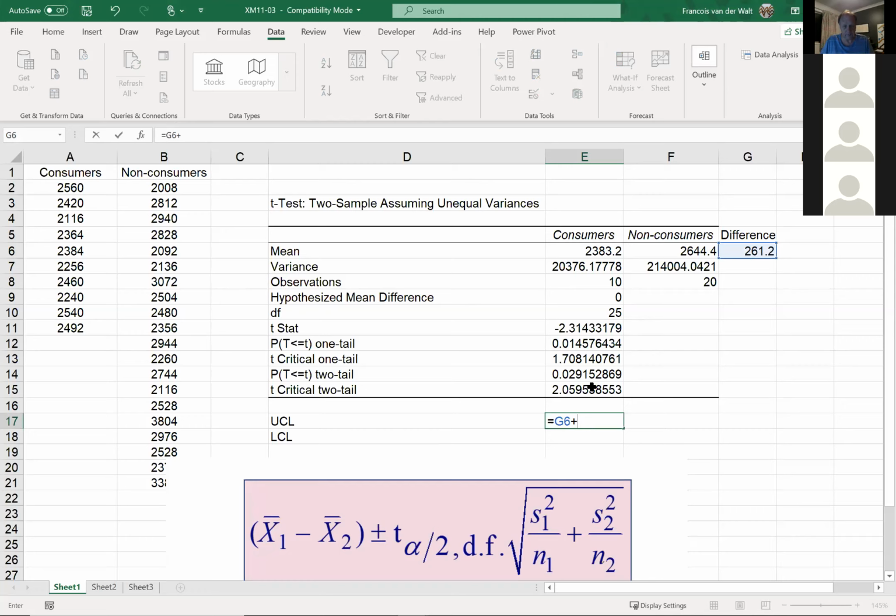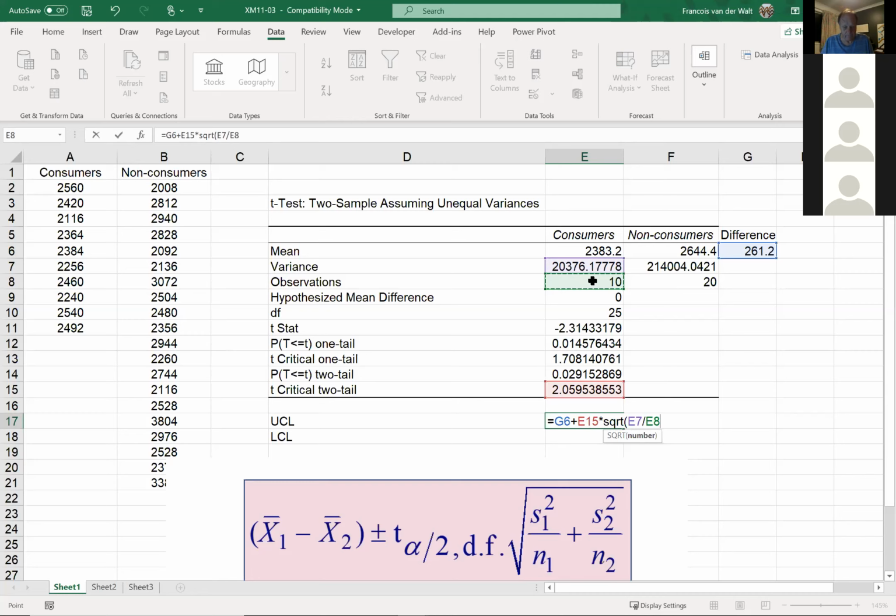I think it's this one, critical times the square root of the standard deviation of the first population, or the variance, divided by how many were in this, 10, divide by 10. So to do the square root, is it just SQRT? Yeah, SQRT, that's right.